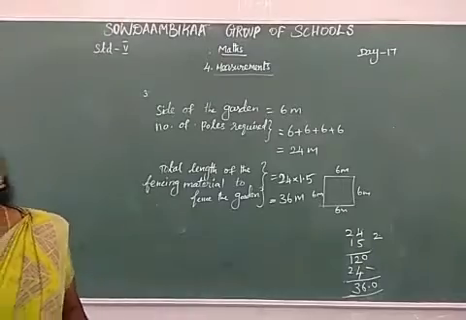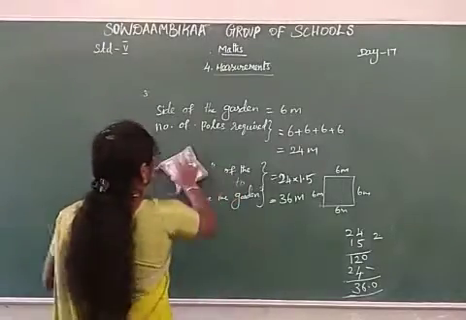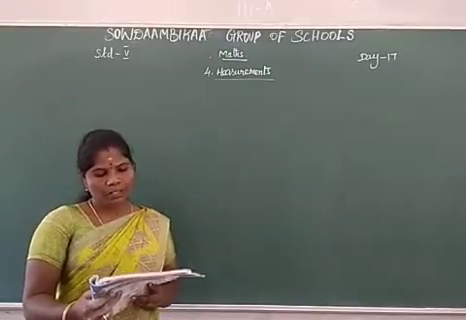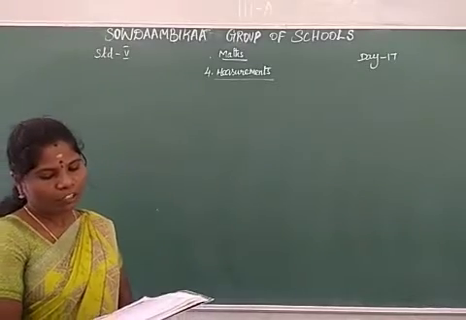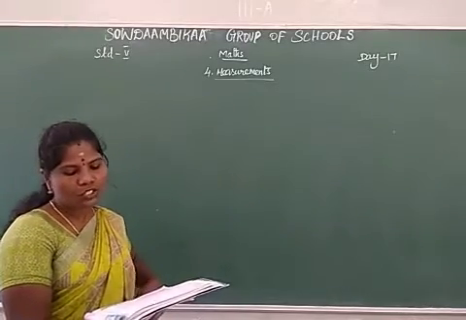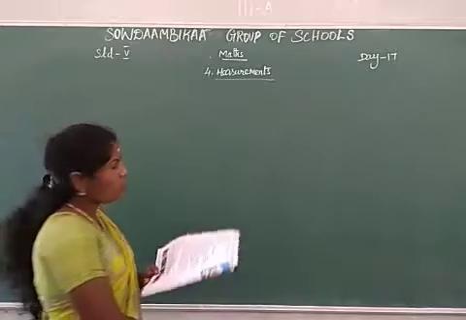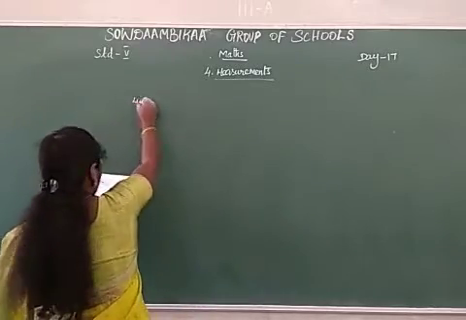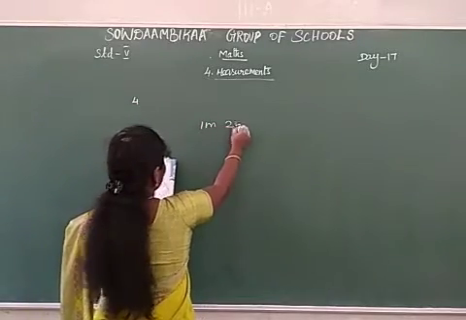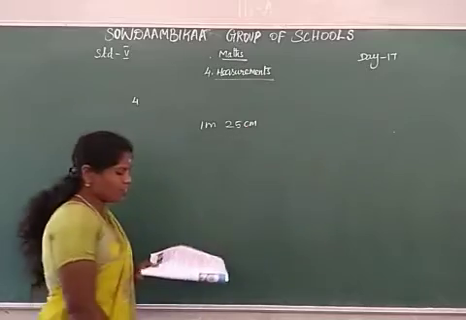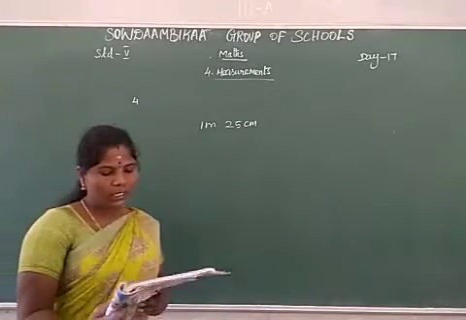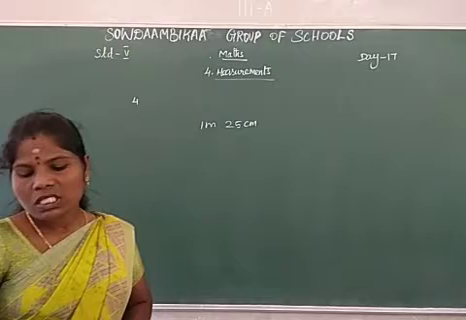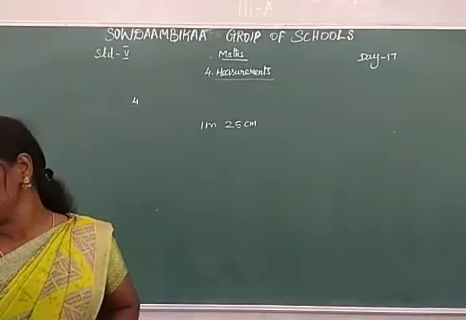Okay. The next, fourth sum. The fourth question. A student needs 1 meter 25 centimeter cloth to stitch a shirt. What is the total length of the cloth needed to stitch 22 shirts?